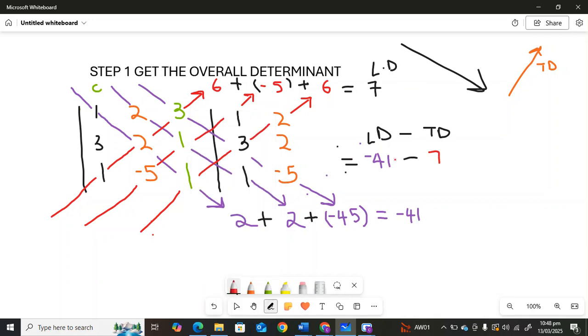Negative 41 minus 7, you get negative 48.